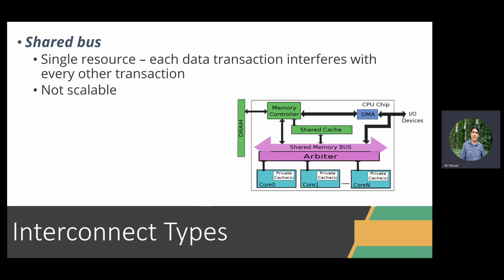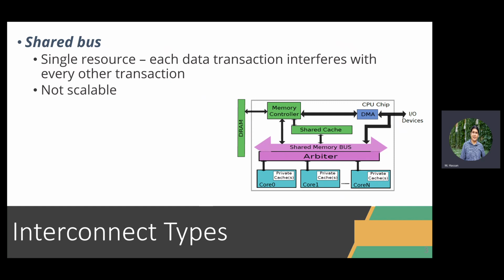There are multiple types of interconnects based on what platform you are using. In a very simple embedded system, for example in our SMU, we have already discussed 2 types of buses, if you remember, an internal bus and the external bus, the nature of the IO, right? So in a simple embedded system, we have what we call a shared bus. What is a shared bus? Well, a bus is a form of an interconnect, but it's a broadcast medium, which means every single core and every single IO controller has access to that bus, right?